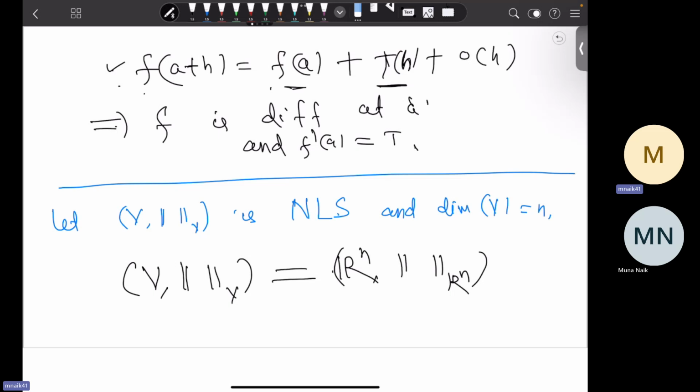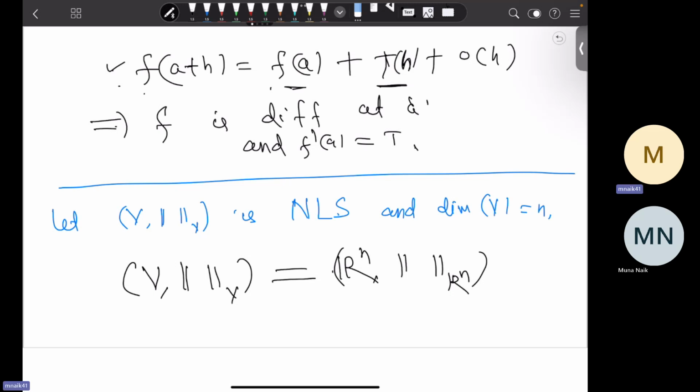So the thing is, if you are able to develop calculus on Rn, then you have developed calculus on any normed space which is of finite dimension. So let B, norm B, be a normed space and the dimension of B is n.